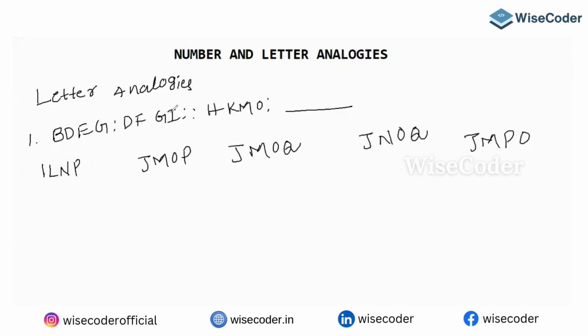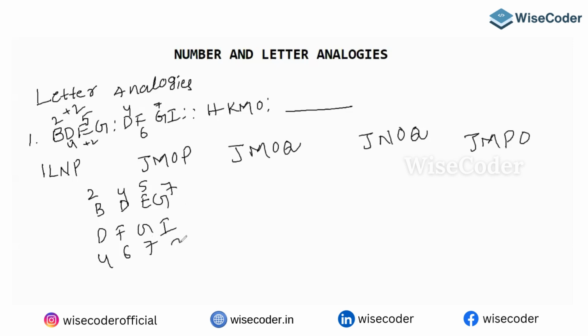So BDEG to DFGI. If you closely look here, B is the second letter and D is the fourth letter, so +2. D is the fourth letter, F is the sixth letter, again +2. E is the fifth letter, G is the seventh letter, +2. So 2, 4, 4, 6, 5, 7, 7, and 9.